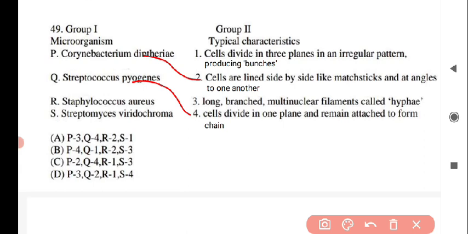For the next option, that is Staphylococcus aureus, the correct answer is option number 1, that is cells divide in three planes in an irregular pattern producing bunches. And for Streptomyces viridochromogenes, the correct answer is option number 3, that is long multinucleate filaments called hyphae. So option C is correct for this question.